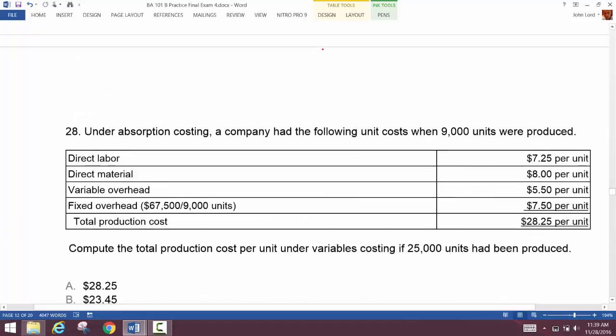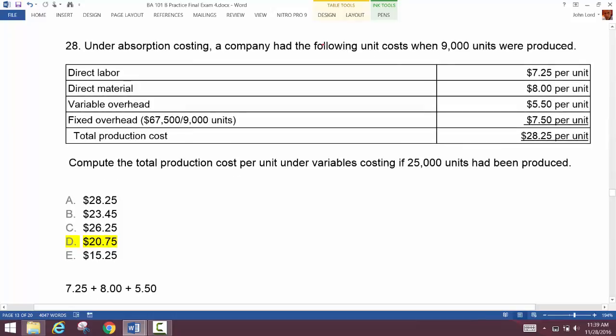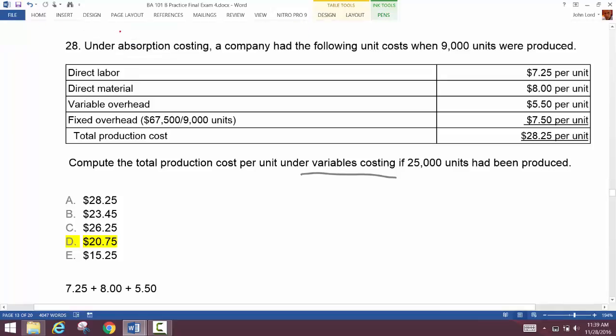Okay, good. Let's take a look at this one now. Under number 28, under absorption costing, a company had the following information when 9,000 units were sold, and they want us to pick up the production cost using variable costing. So do I pick up the direct labor?